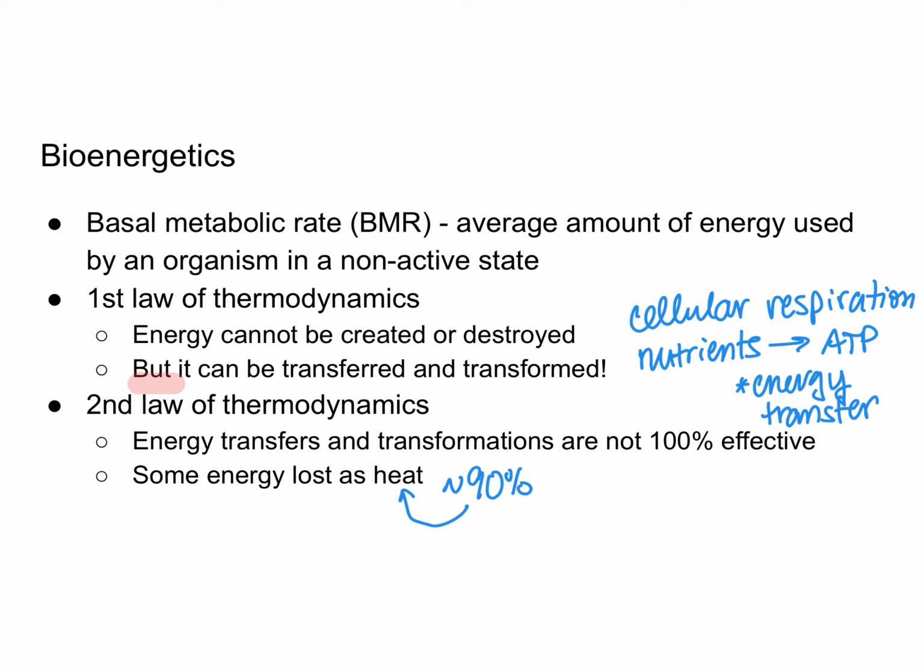But when you drive your car for a while, if you get out and touch the hood of the car, it's hot to the touch. That's because during that conversion, a lot of that energy was lost as heat. So only about 10% of the gas you put in your car actually goes towards driving your car. The other 90% is given off as heat into the environment.